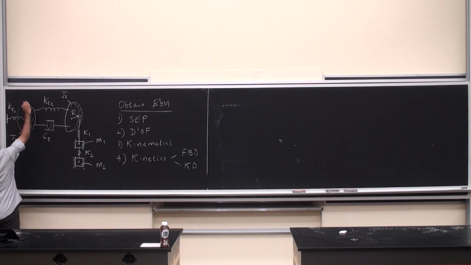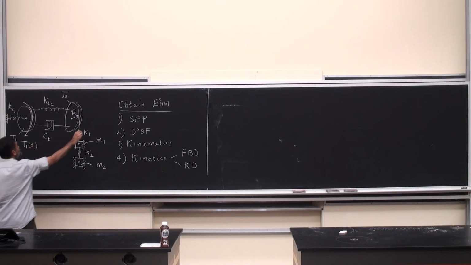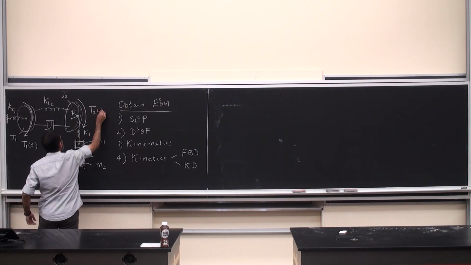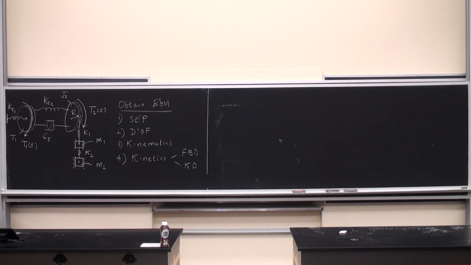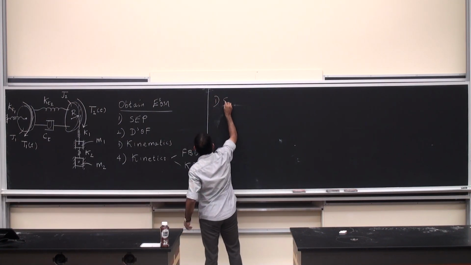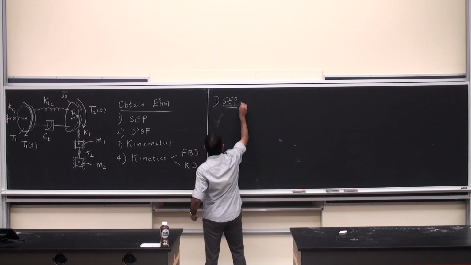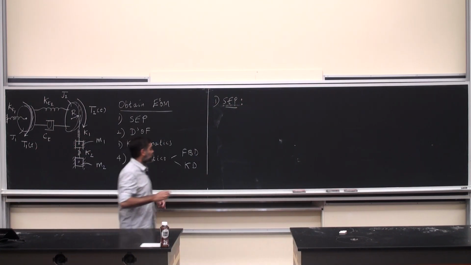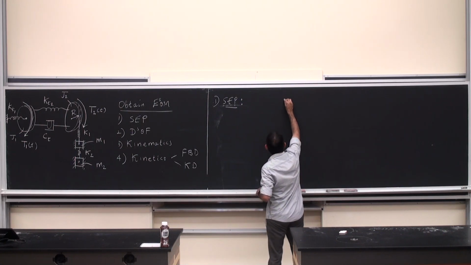I forgot to draw them. So this is some applied torque T1. Let's say there is an applied torque T2, so I probably have to draw a new figure for SEP. At SEP, the following happens. I'm just going to redraw the figure.